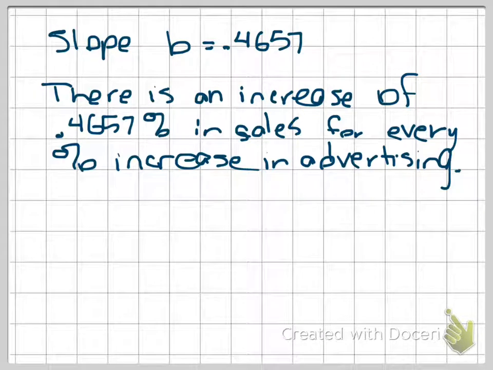So essentially, we are just taking the slope, or the rate of change, and putting it in context. That's really important in stats. We've got to be able to put things in context.